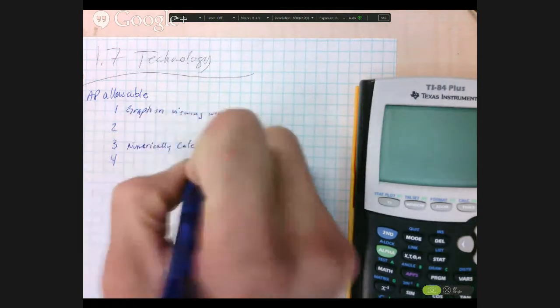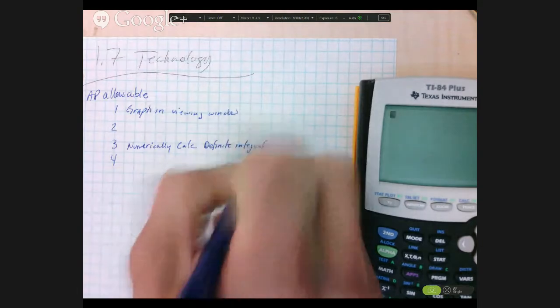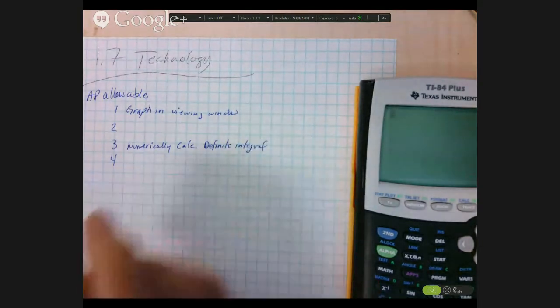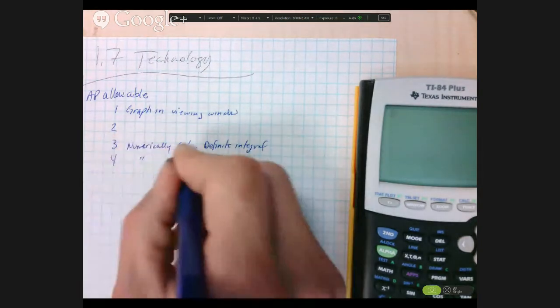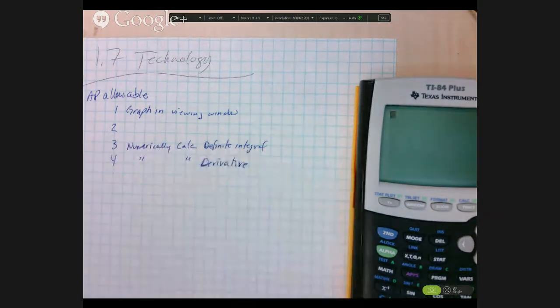Okay, so next one. What does that mean? You'll learn what that means. What else? Numerically calculate the derivative of a function.